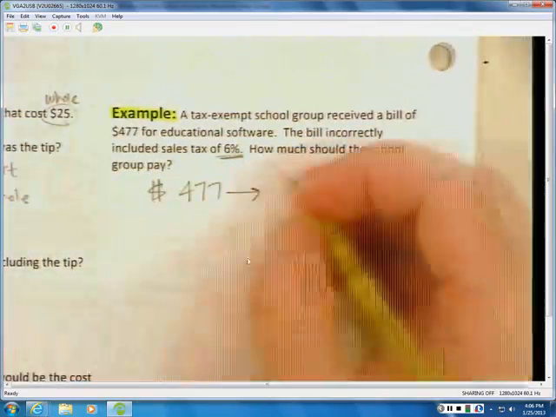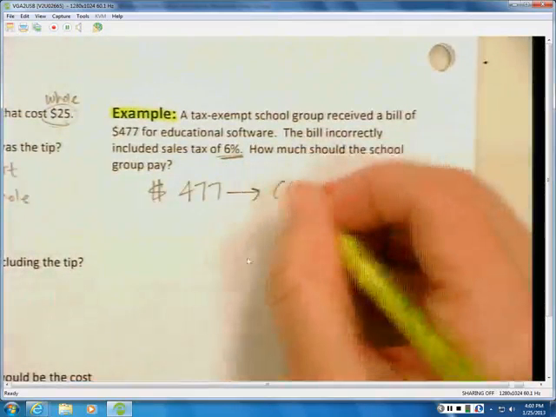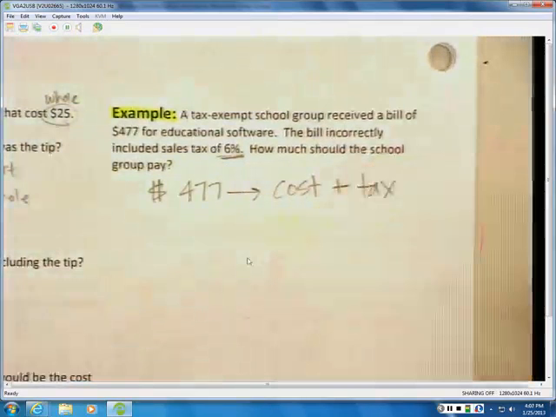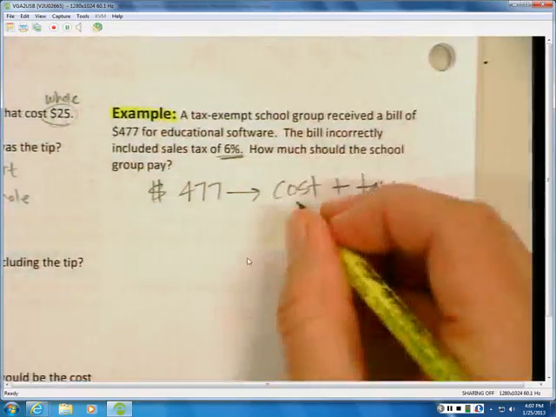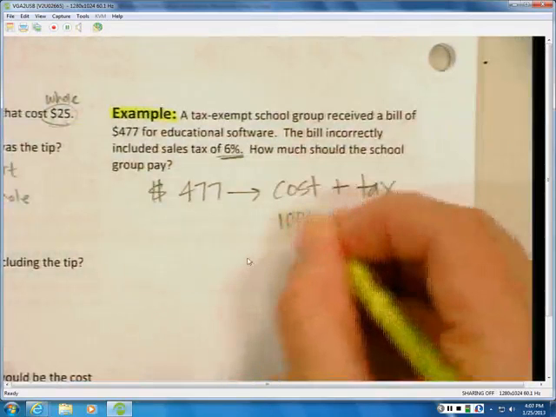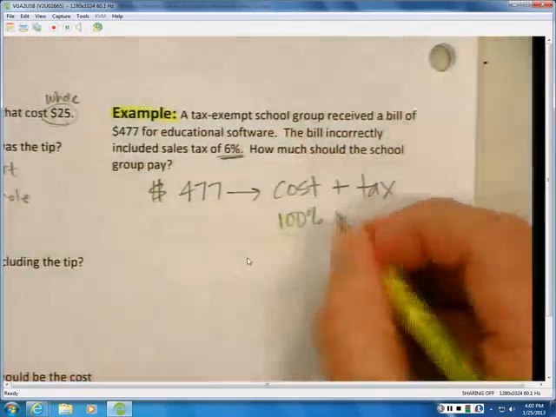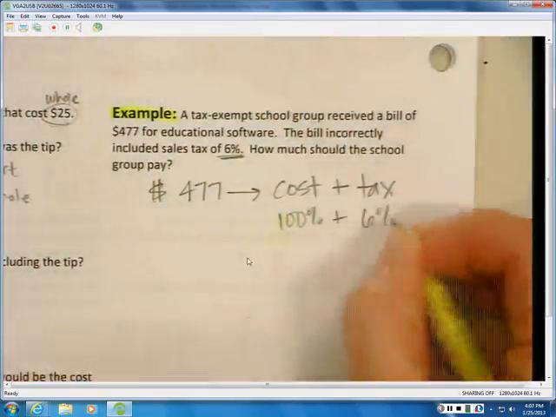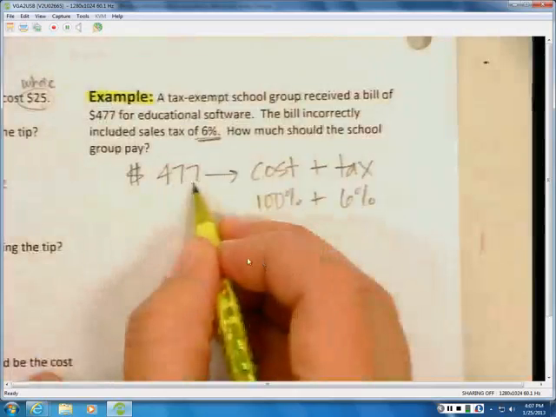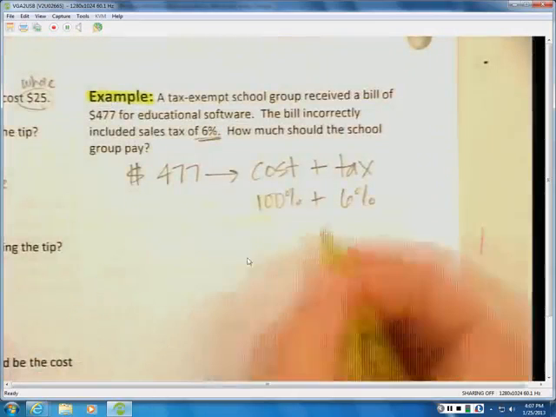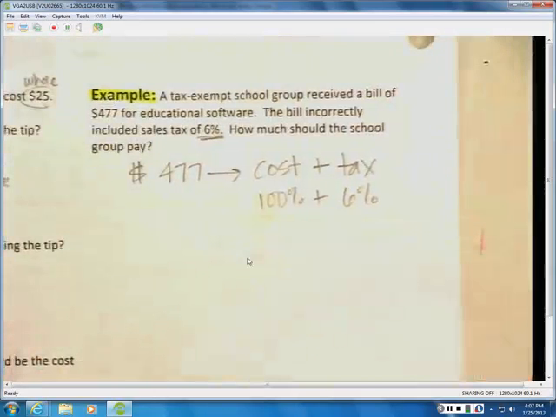So if we look at the cost of what the bill should have been, and we add to that the tax, the cost represents 100% of what the school group should have paid, plus the tax was an additional 6%. So this $477 corresponds to 106% that was paid.